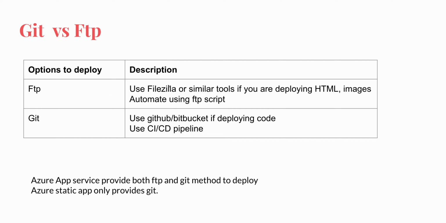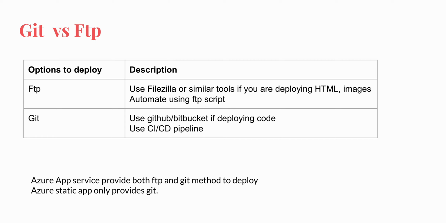My recommendation is you should be using FTP whenever you need to deploy HTML pages, images, CSS. FTP is better, specifically if you are building a static site and it has HTML pages. FTP is more suitable. Whenever you are using source code, and you anyway should be checking in source code in Git, at that time it's better to use GitHub.